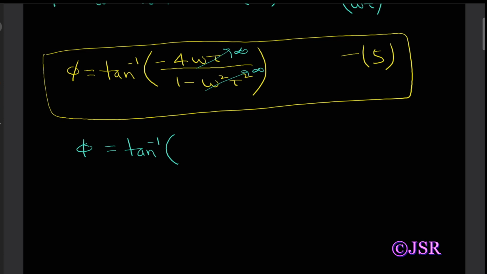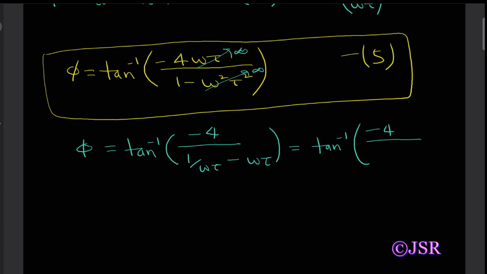So if we divide the whole expression by omega tau, so we will have minus 4 upon 1 upon omega tau minus omega tau, and that will be equal to tan inverse minus 4, and this first term will be 0 and the second term will be minus infinity.